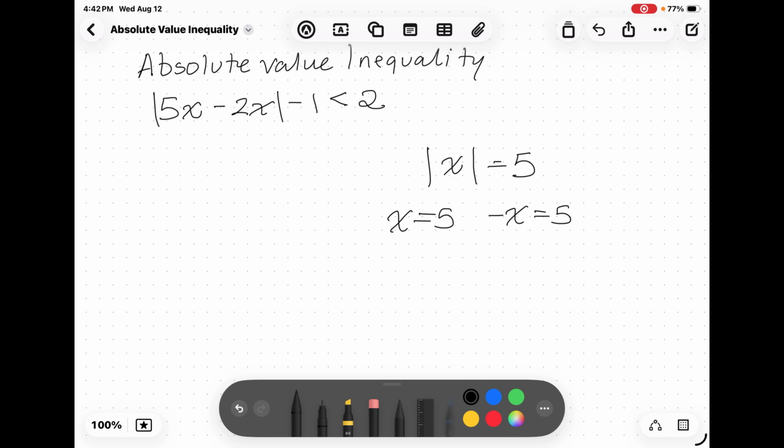So this is a way that we work with absolute value, by definition. And there's a logic behind this as well, but I'm going to keep it pretty procedural here. So the x comes down, and then the opposite of x comes down. All right, so keep that in mind as I work through this absolute value inequality.